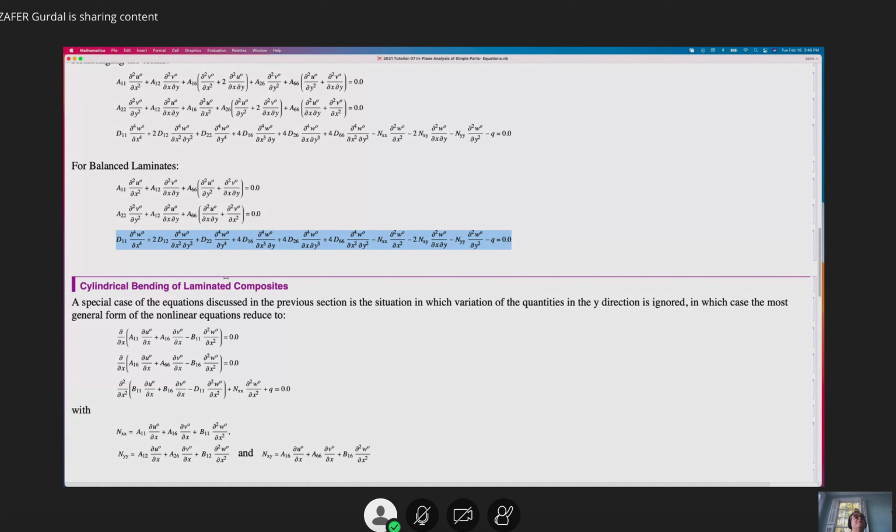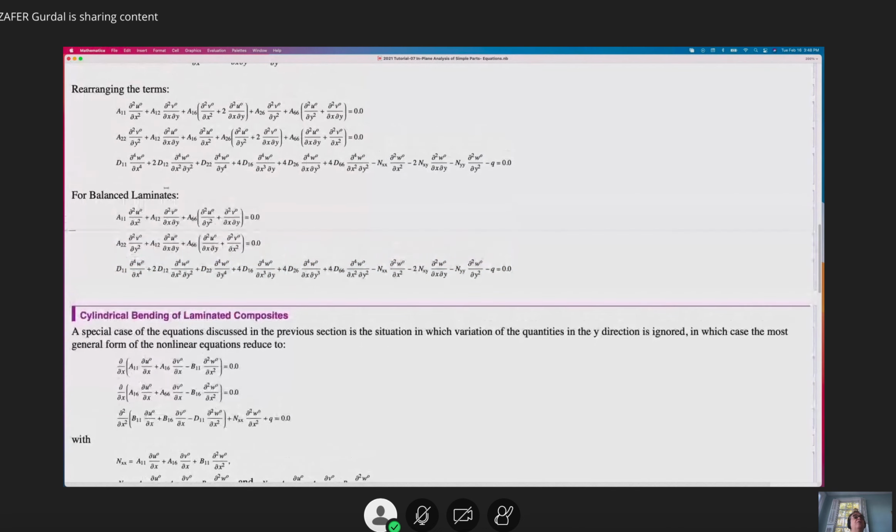What we do is we say any term that has variation, say, with respect to y, to be 0. Any term that varies with y, partial y, has to be 0, because we're going to take a laminate and we're going to bend it as a cylinder.